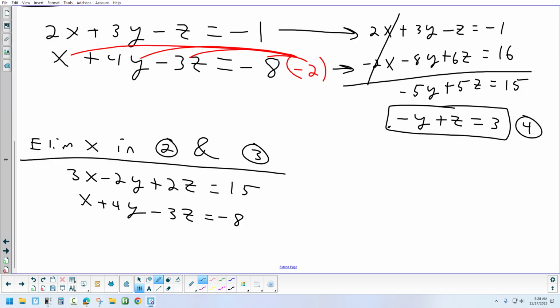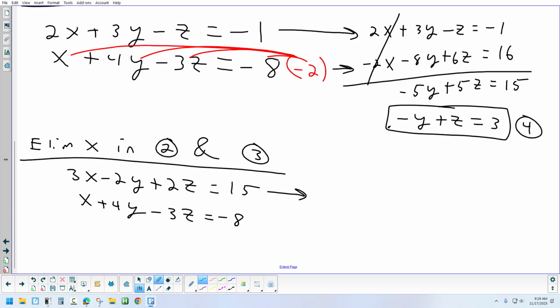Okay, so my goal here is to create another equation with just y and z by getting rid of x. Okay. What would happen to the top equation? What's that?